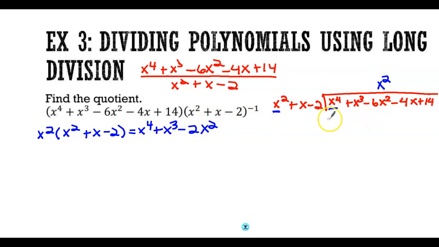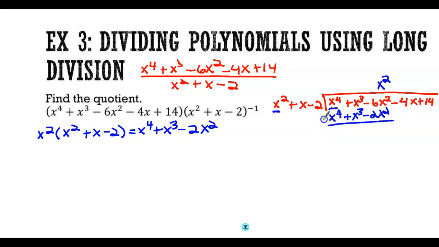And so I'm going to write that here: x to the fourth plus x to the third minus 2x squared. All right, divide, multiply, and subtract. Remember that tune. Remember it, divide, multiply, and subtract.